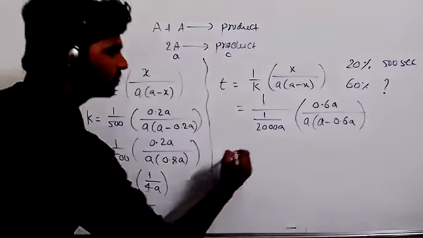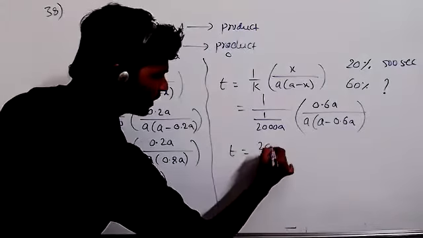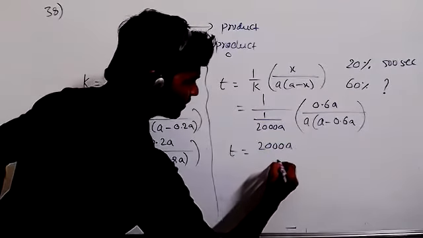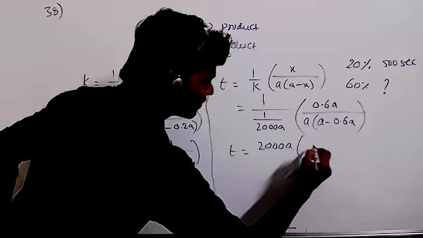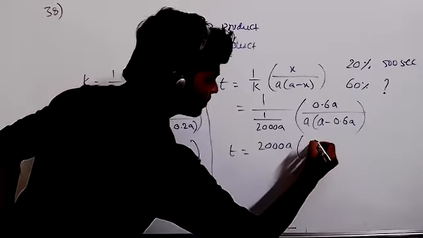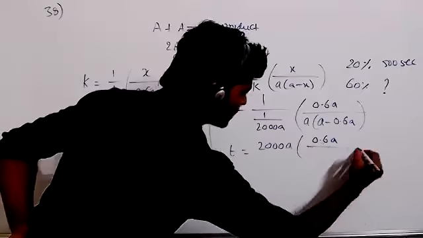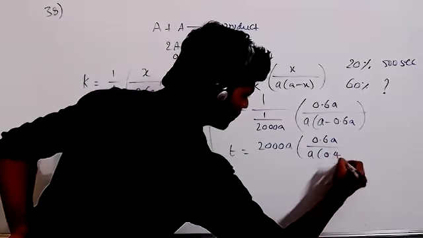T is equal to 2000 A into 0.6A by A into 0.4A.